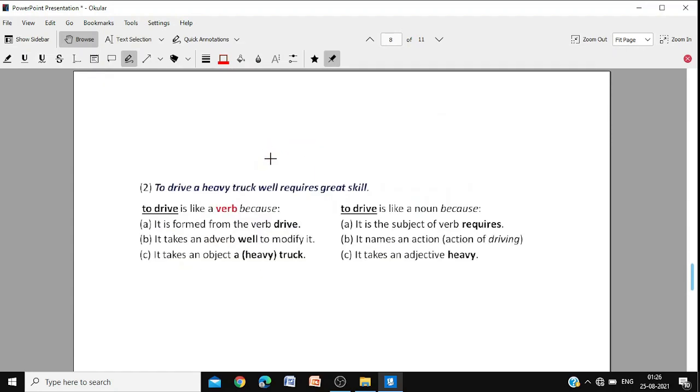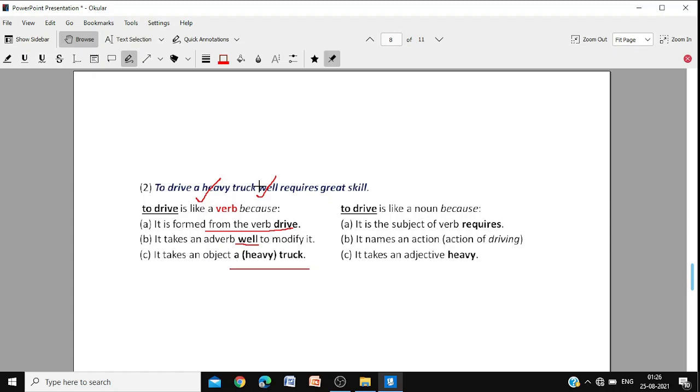To drive a heavy truck well requires skill. To drive is a verb. Why? It is formed from the verb drive. It takes an adverb, well. To drive well. To drive what? It takes an object, a heavy truck. To drive a truck. To drive how? To drive well.